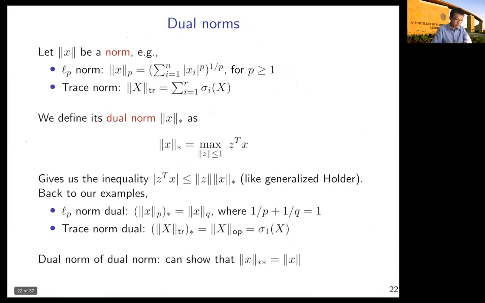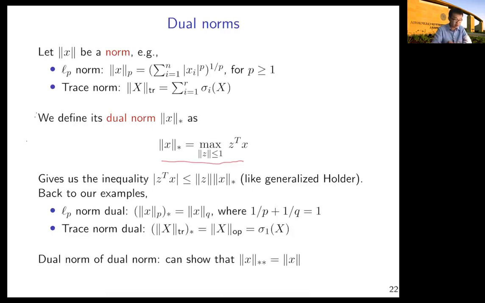Okay, so let's continue. We talked about dual norms. If you have one norm, you can construct the dual norm by this definition. Okay, and this naturally gives us Holder's inequality, saying that z transpose x is smaller than the product of the two different norms.